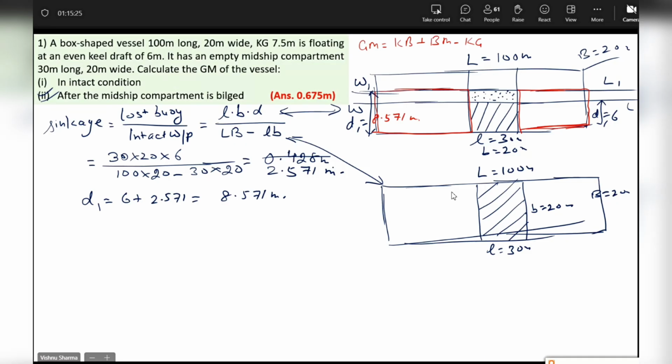Where will be the center of buoyancy of the left one? It will be here. Where will be the center of buoyancy of the right one? Because they are both cuboidal, where will be the combined geometric center? It will be here. So it will be KB by 2. But if you ever have any doubt, your KB will be half of 8.571, which will be equal to, we'll calculate it also, don't worry.